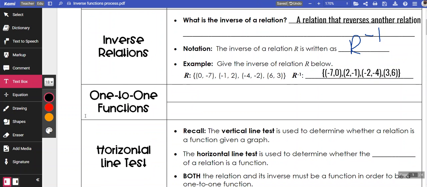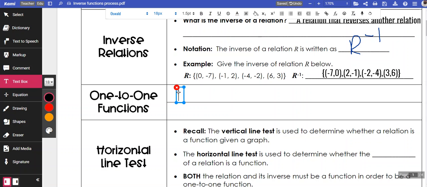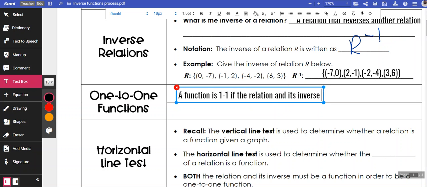Now, you've heard this before, a one-to-one function. An easy way to figure this out: a function is one-to-one if the relation and, that's very important, its inverse are functions.